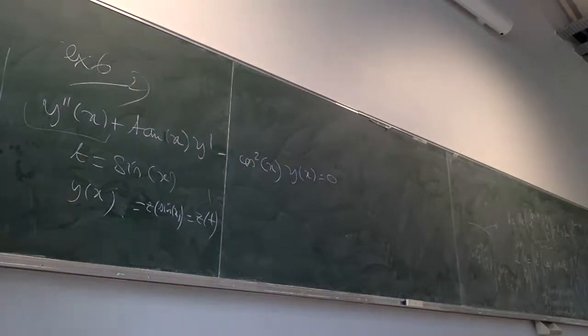You could go directly the same way as here: if t is ln of x, then z of t is actually z of ln of x, and that's my function y of x. So when I want to plug in the y prime and the y second, I just have to do d over dx and d2 over dx2 of this expression.